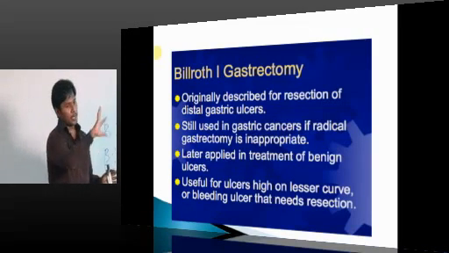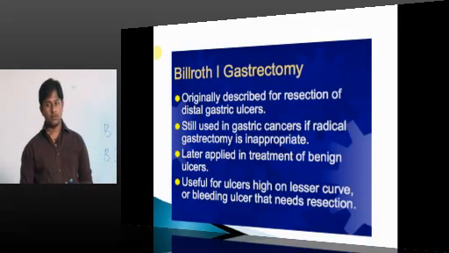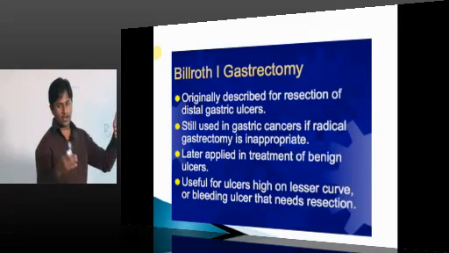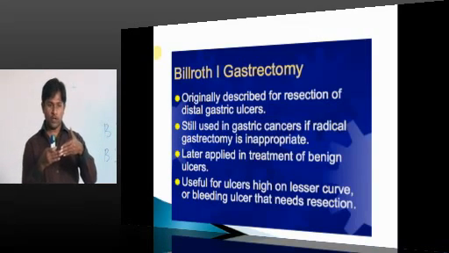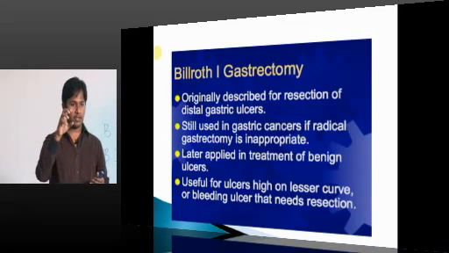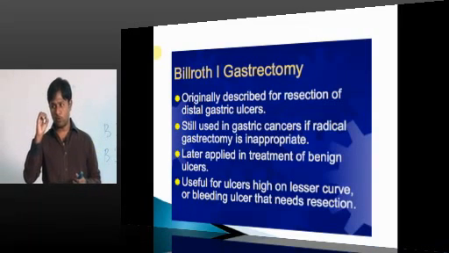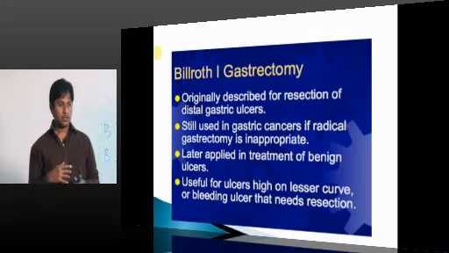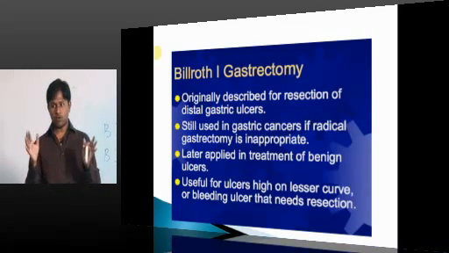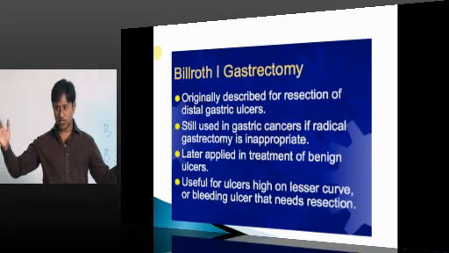Why do you want to do Billroth type 2? Why don't you want to have an anastomosis? When you feel that the duodenum is scarred, or there is decreased lumen, or there is increased malignancy of the ulcer, the chance of having a malignant ulcer is high. You don't want to take a chance. You want to have a wider resection.